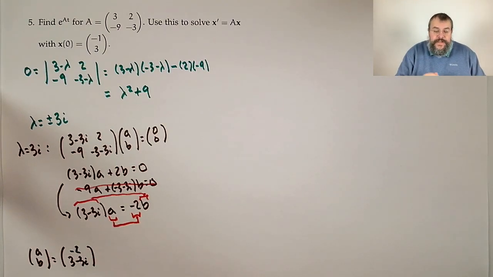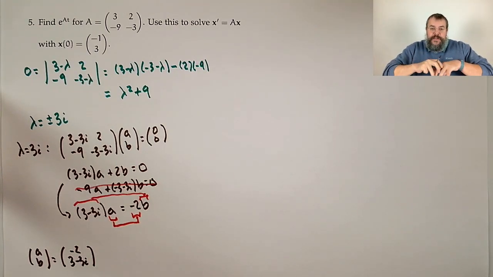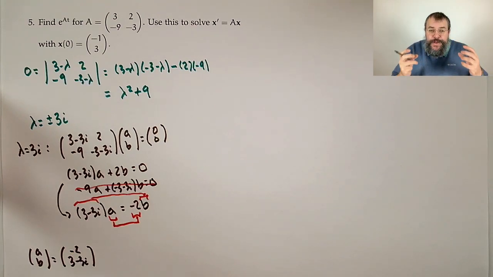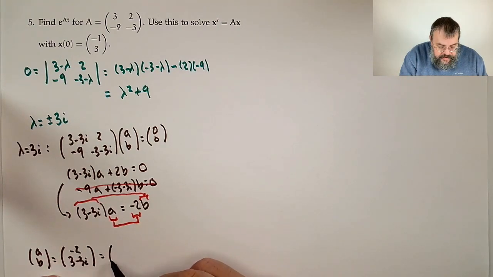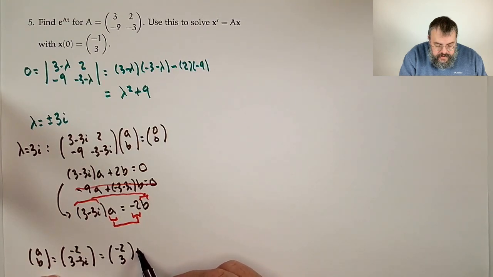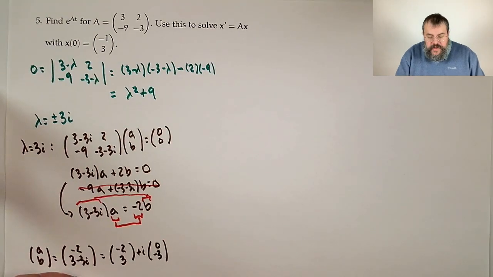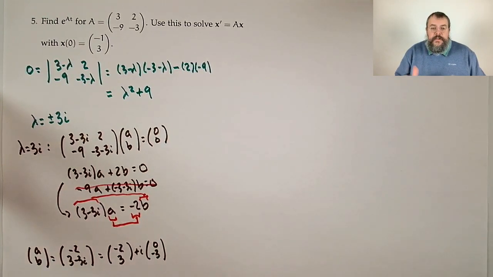There we go. Now, it's important to take this and pull it apart. So this would be the same as minus 2, 3, plus i times 0, minus 3. Okay, so we found our eigenvector, and we've pulled it apart.